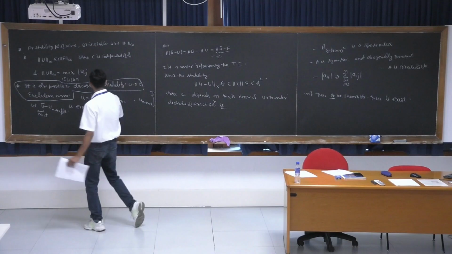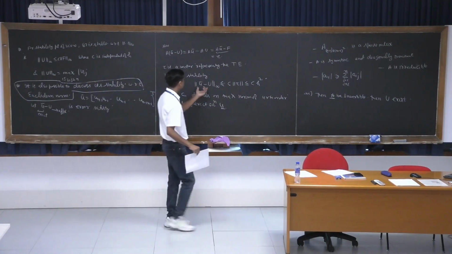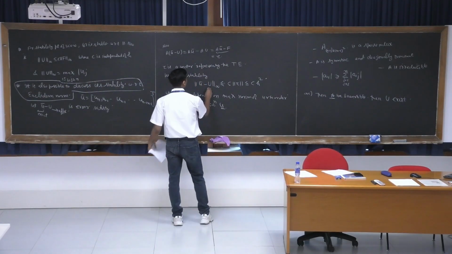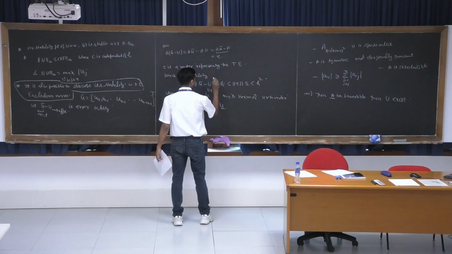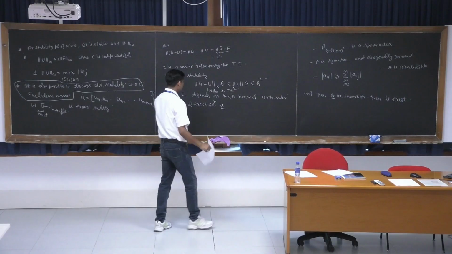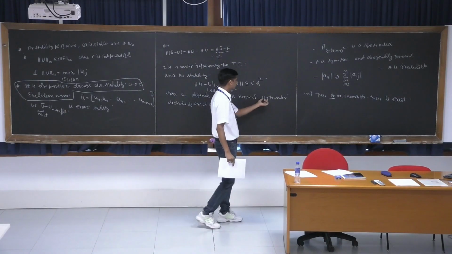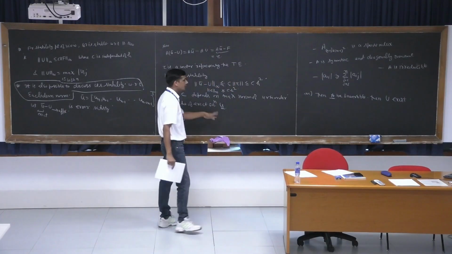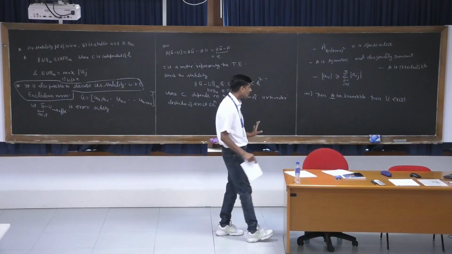Now in the continuous way, I have tried to find the error. You can say the error in the L infinity norm is bounded by C h square, where C depends upon the fourth order derivative of the exact solution u.